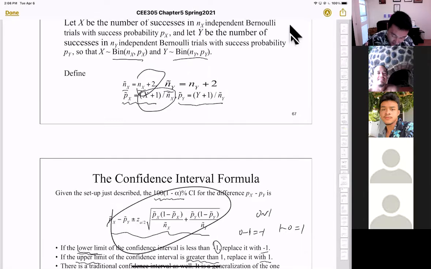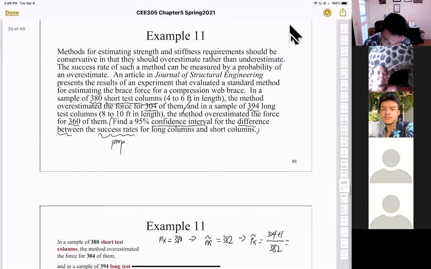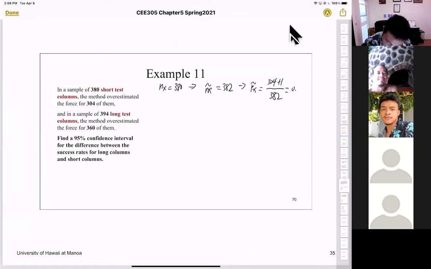And same thing for y. So modified px is this much. And same thing for y. Let me just write down ny, modified ny, and modified py.